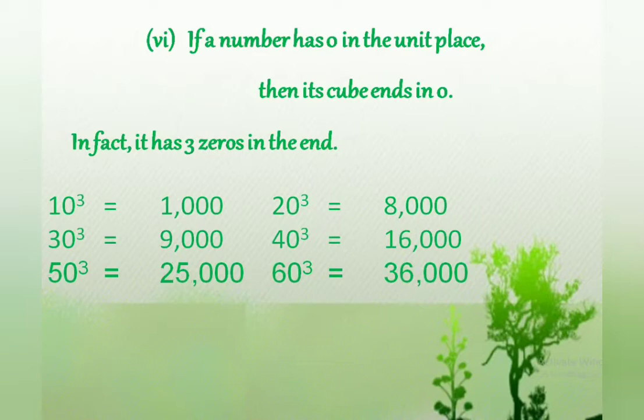Look there. For each 1 zero, the cube has 3 zeros, right? So, if a number has 0 in the unit place, then surely the cube ends in 0 and there will be 3 zeros in the answer.